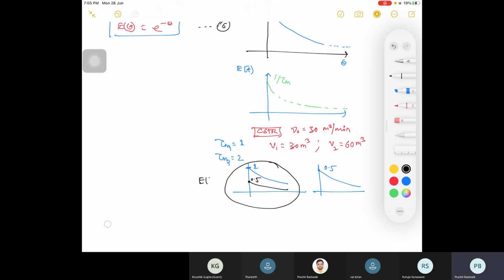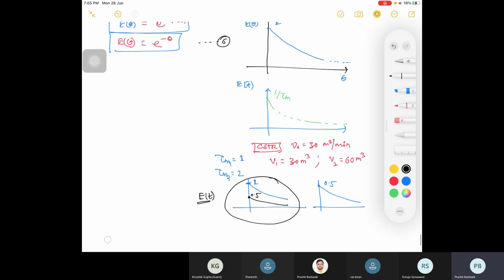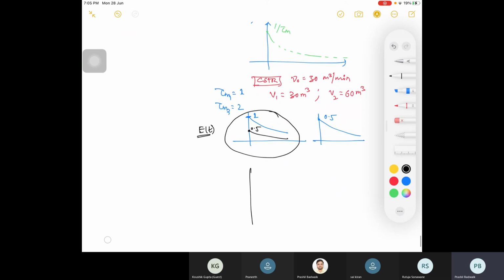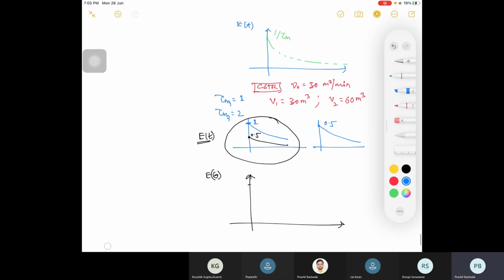Can you compare these two curves? This is the E(t) curve I am drawing. And what is your E theta curve in both cases? The value is the same, it starts from this point and you get this kind of curve, and in the second case it starts from the same point. Exponential decay in both.